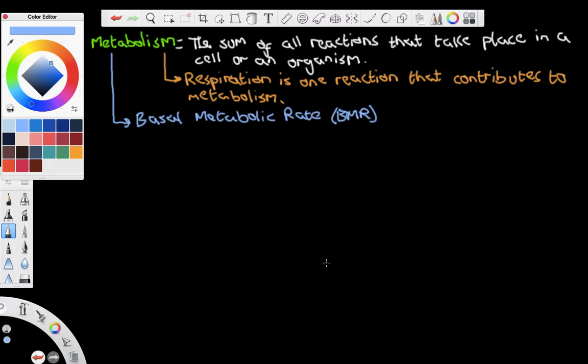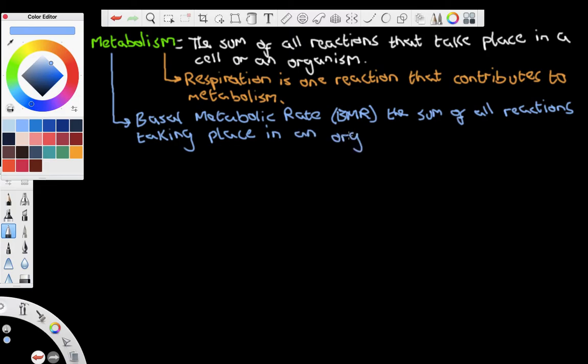So our basal metabolic rate is the sum of all reactions taking place in an organism when it is at rest. Okay?